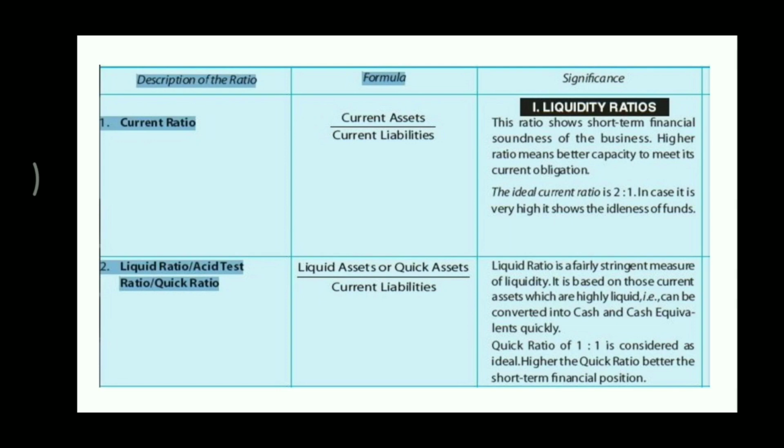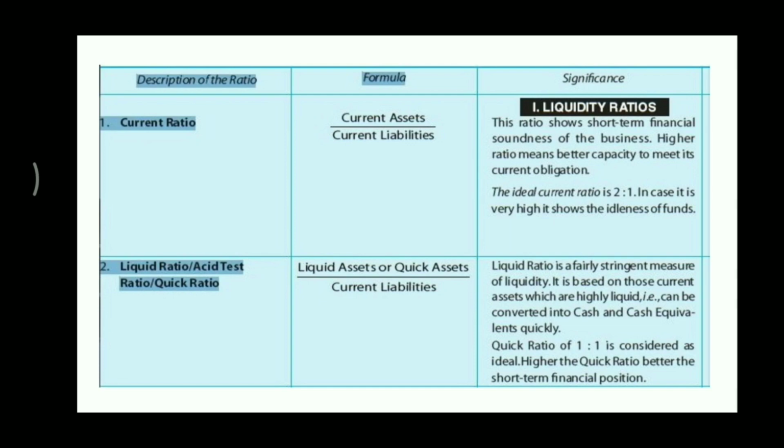Highly liquid means they are almost cash, or within a very short period, within 3 months, they can be converted into cash. Okay, so that's why for calculating the liquidity position, quick ratio is considered better than the current ratio.